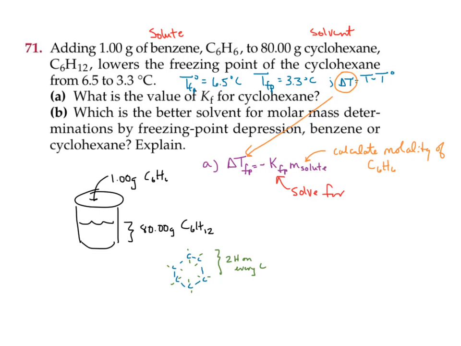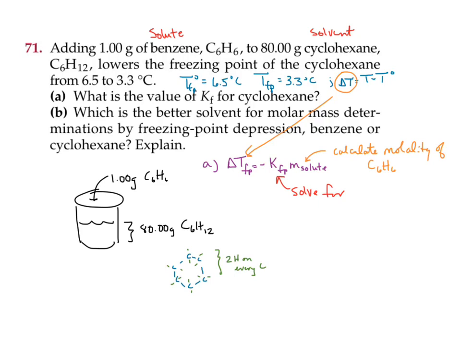It asks what is the value for the freezing point depression constant. So it doesn't give it for cyclohexane. You have to calculate it. Usually KFP is given. But in this case, like it says in orange here, you can get to the molality of the benzene.